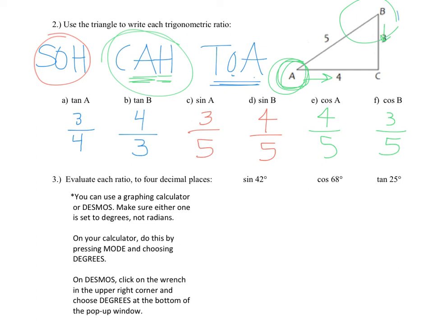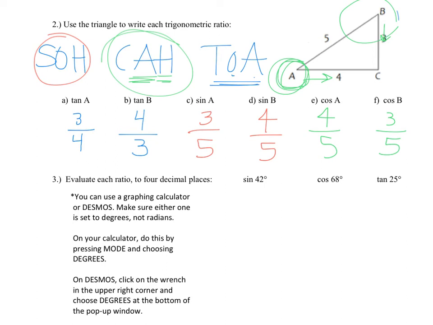And later down the road, you will use radians much more often than you will use degrees. And so by default, most technology is set up to do sine, cosine, and tangent ratios with radians. So you need to change that. You need to change it to degrees to make that happen.